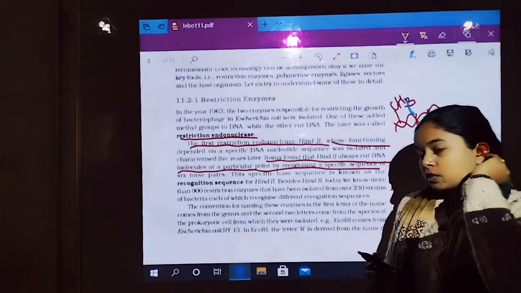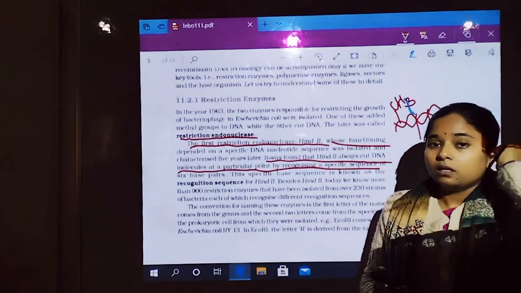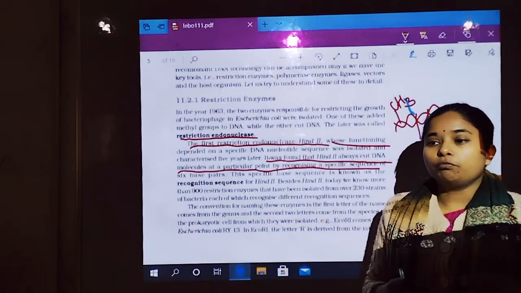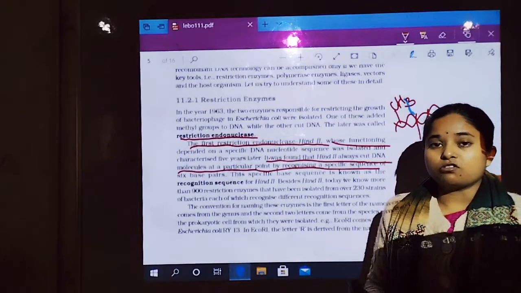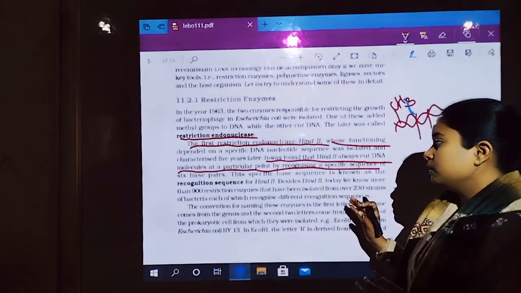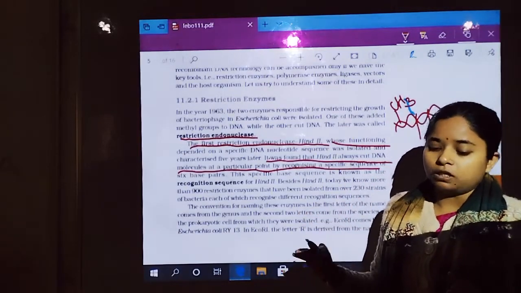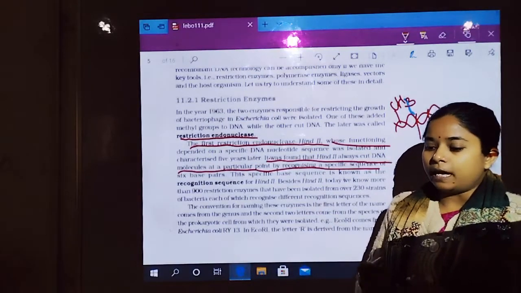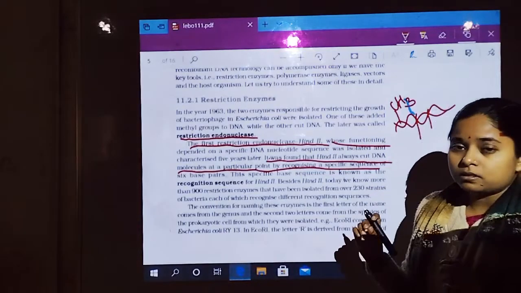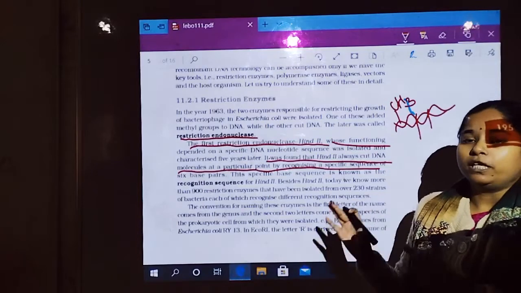Restriction endonuclease cuts DNA not just anywhere on the DNA, because then there would be the possibility of more than one fragment being obtained by the treatment with the restriction endonuclease. So first the restriction endonuclease finds a specific sequence on the DNA, and only at that point does it work.